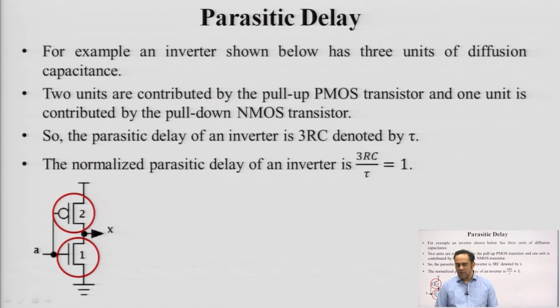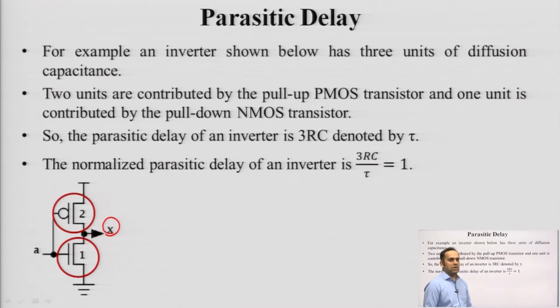Again we take the example of an inverter, the same inverter which we have analyzed a few times now, shown on your slide. If you see the output node X, this is your output node. If it is not driving any load, it has a PMOS connected to it and an NMOS connected to it.